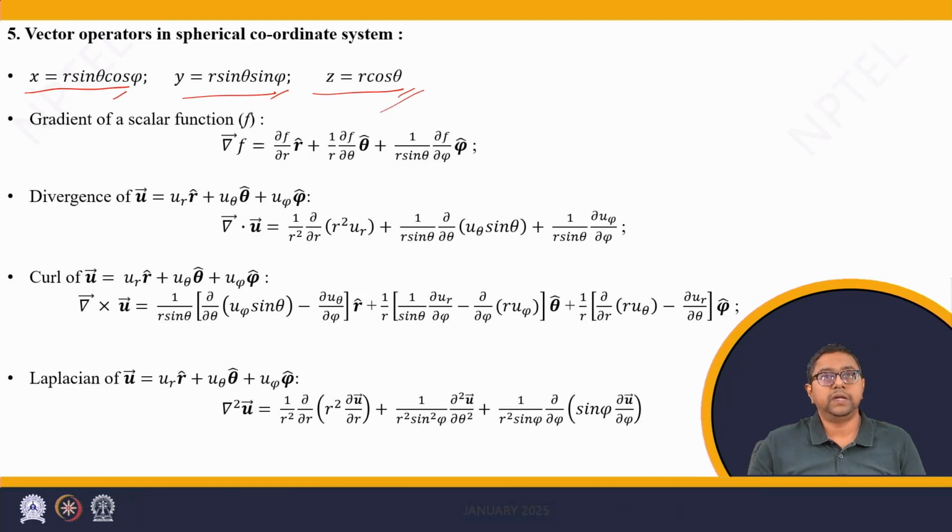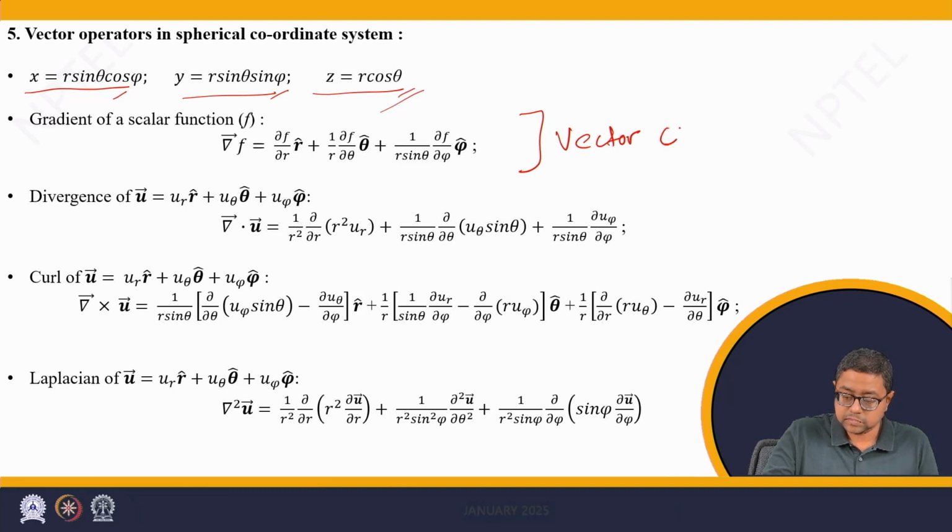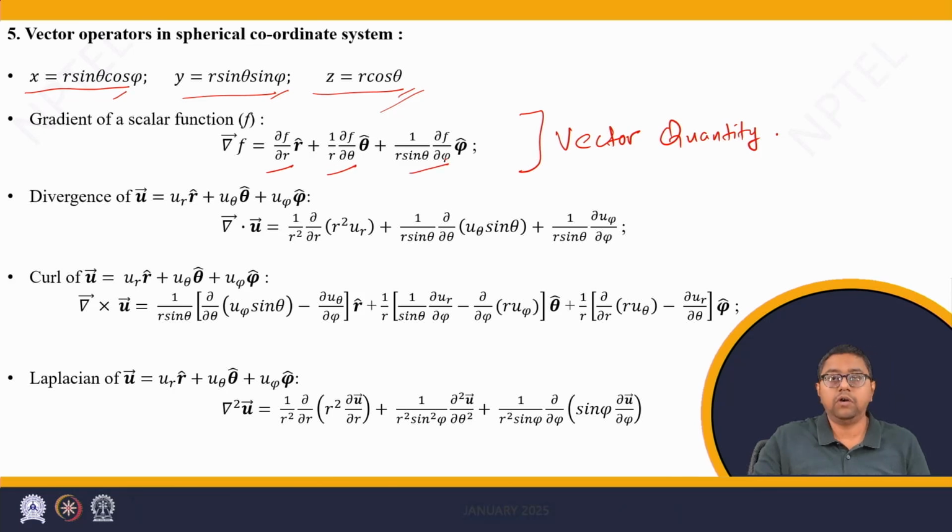In geophysical applications, it is imperative to understand the following operators such as the gradient, divergence, curl, and Laplacian. The gradient of a scalar function is a vector defined as the partial derivatives of the scalar f with respect to r, theta, and phi displacements, appropriately weighted by the infinitesimal displacements.